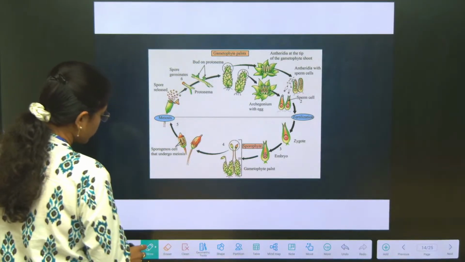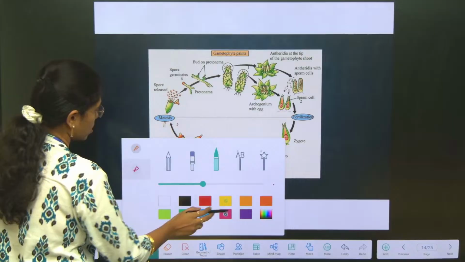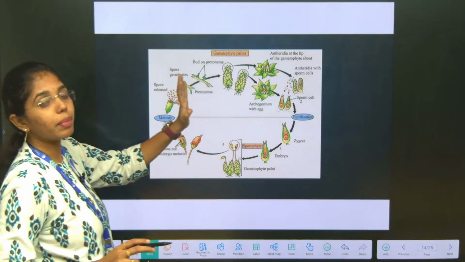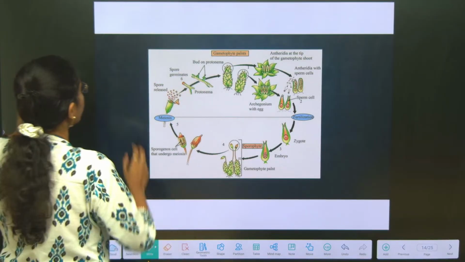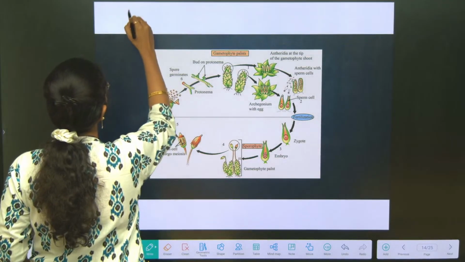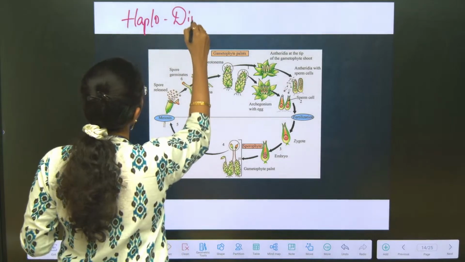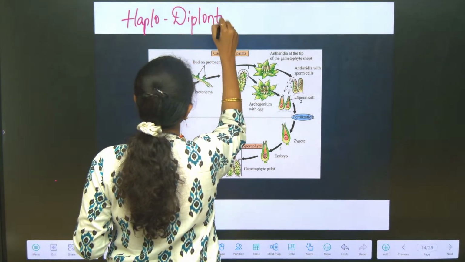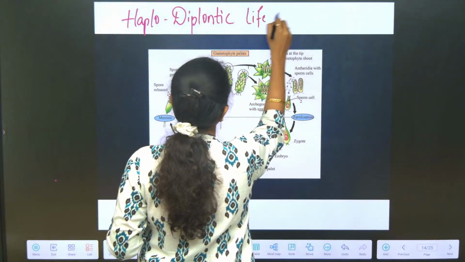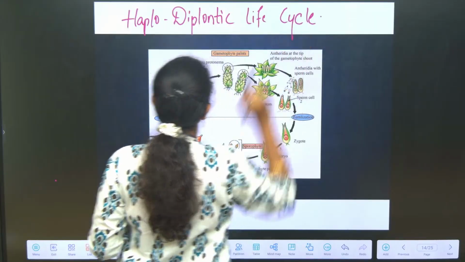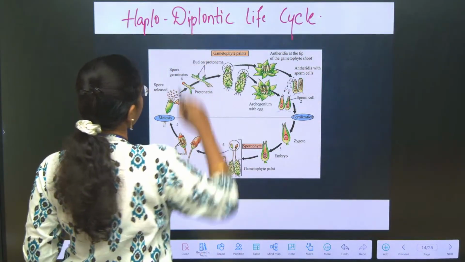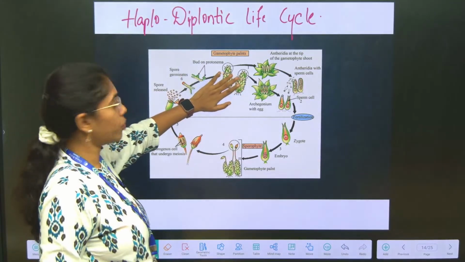What type of life cycle does a bryophyte have? Of course, the main or dominant plant body is the gametophytic plant body only. It exhibits a haplodiplontic life cycle. Here, first let us start with the gametophytic structure.